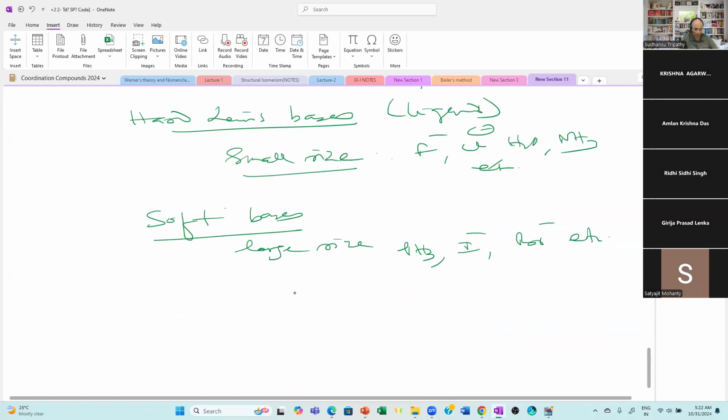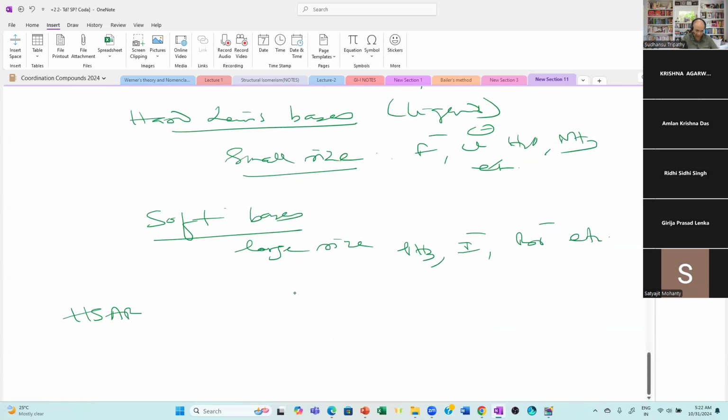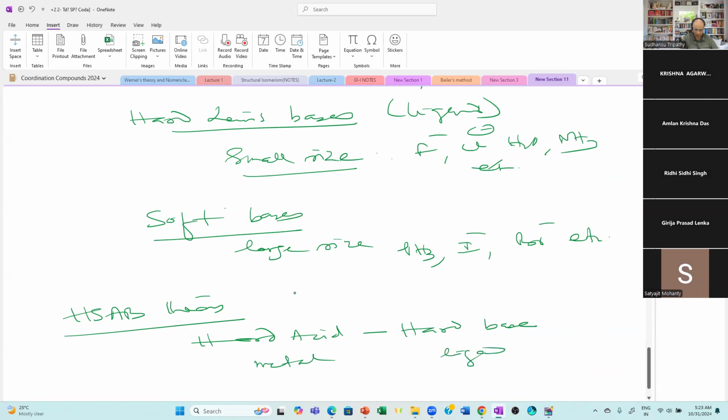Now HSAB theory: a hard acid can form a stable complex with a hard base. Acid is metal, base is ligand. A soft acid will form a stable complex with a soft base.